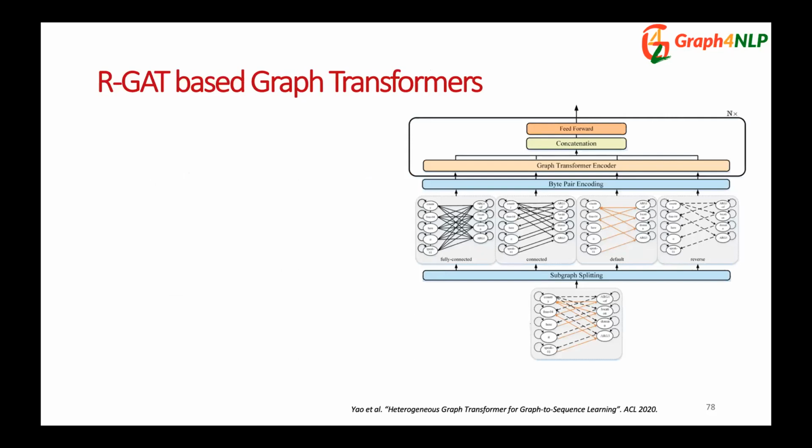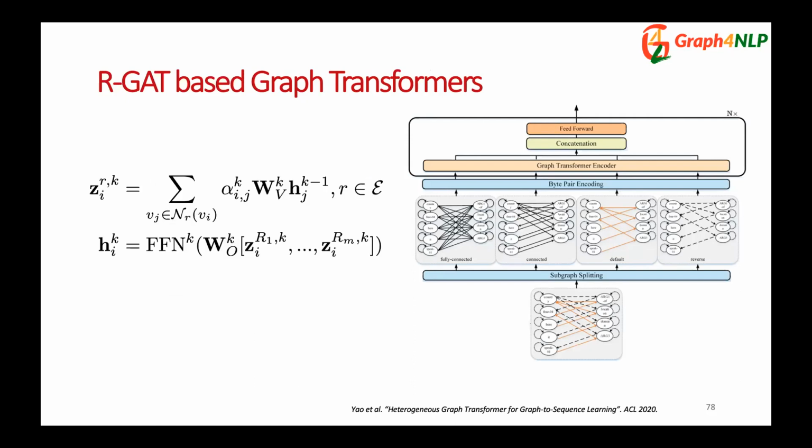Okay, so let's see two specific variants of the multi-relational graph transformer models. The first variant we see here is the RGAT-based graph transformers. It has two features. One is that it introduces a GAT-like masked attention mechanism.